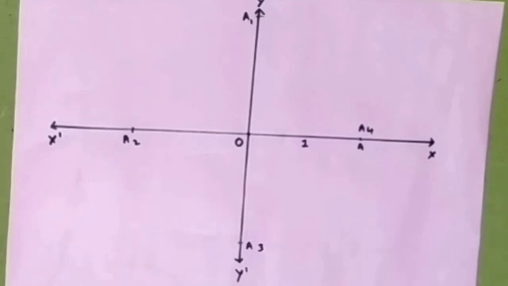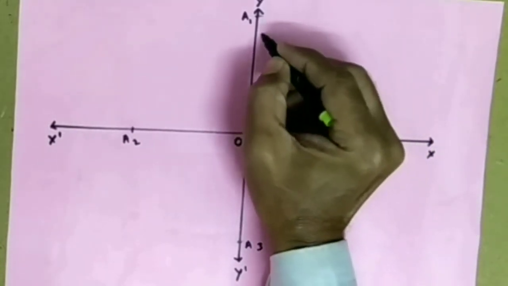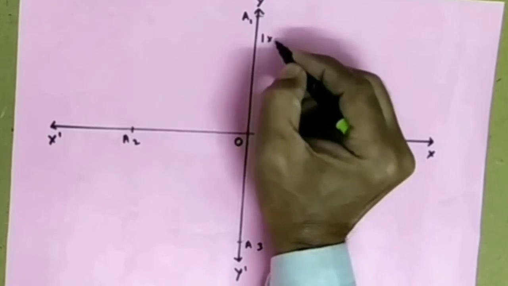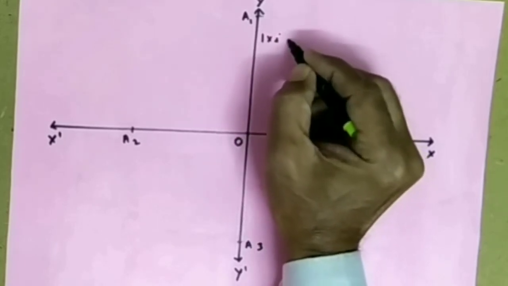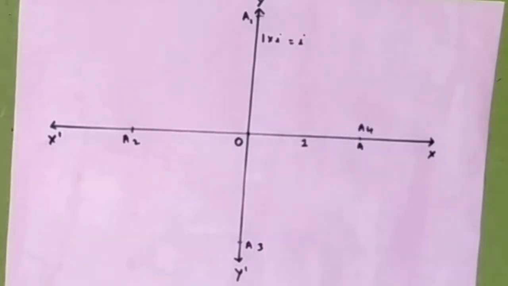OA represents 1 unit. OA1 represents 1 into i is equal to i. As you know, the x-axis represents the real axis and the y-axis the imaginary axis.